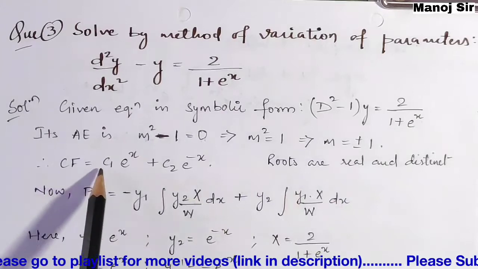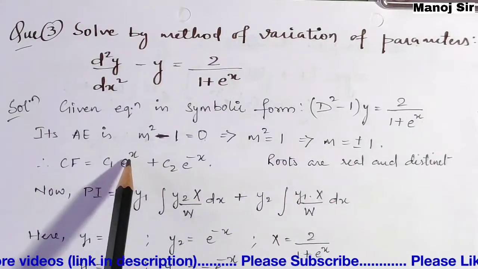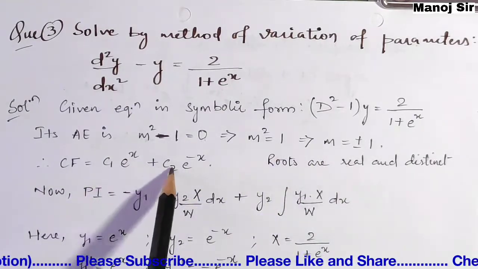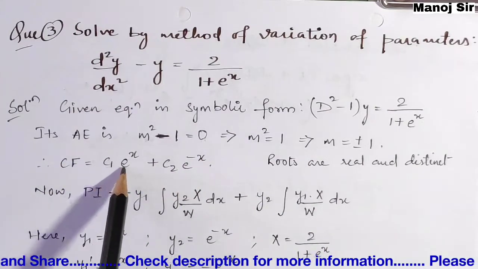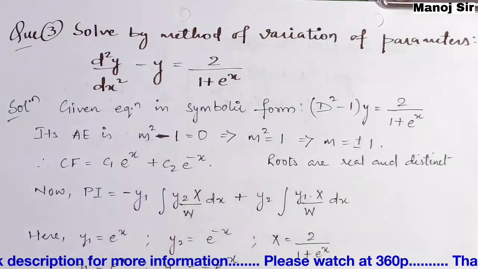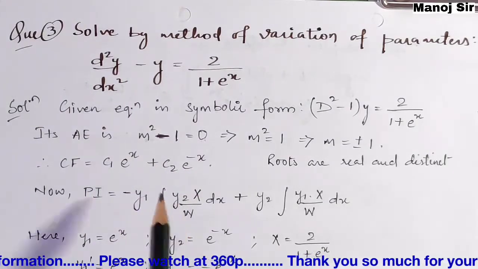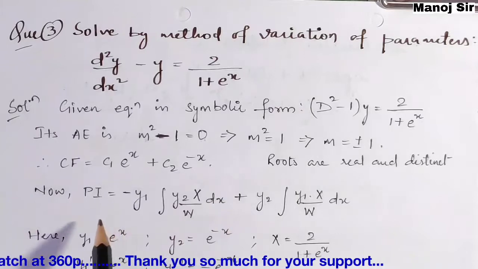So CF is C1 e to the power 1x plus C2 e to power minus 1x. So we can say the complementary function becomes C1 into e to power x plus C2 into e to power minus x. After finding CF, now we are looking to find PI.